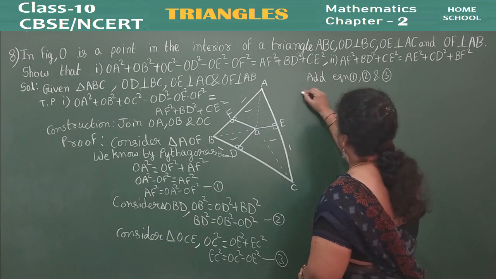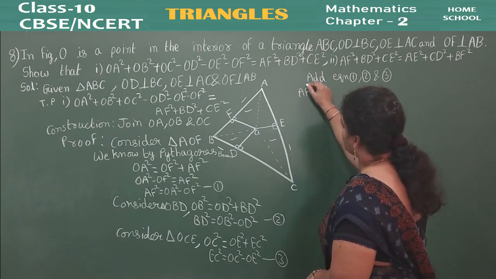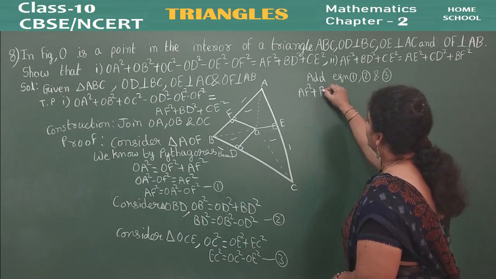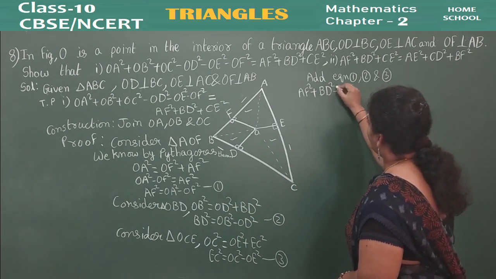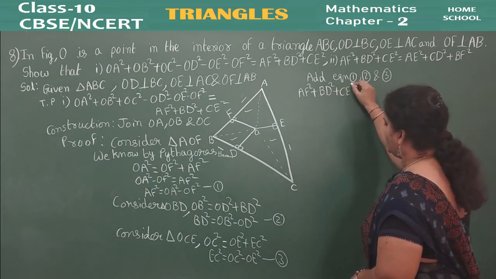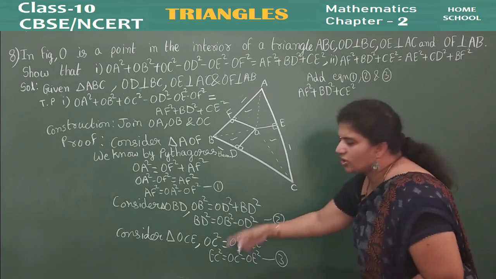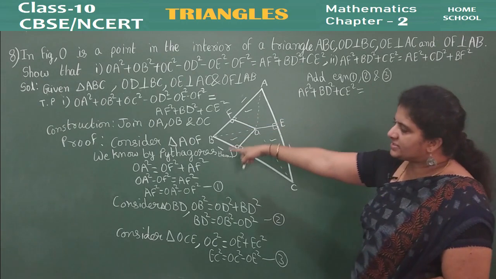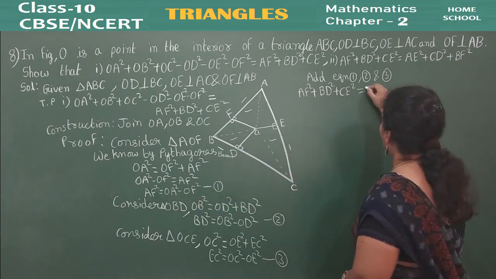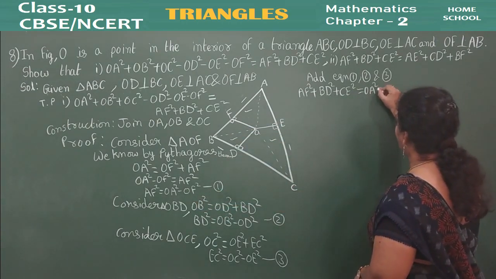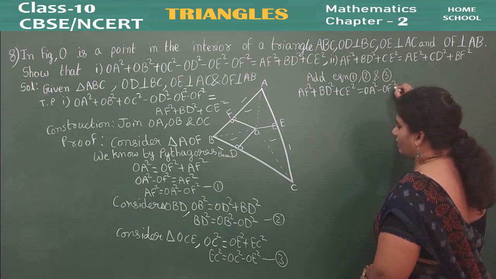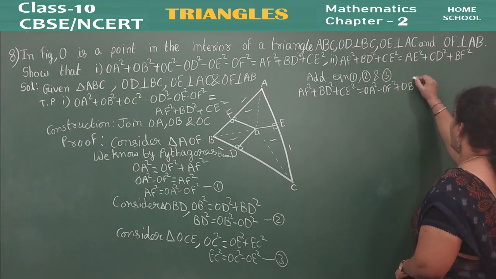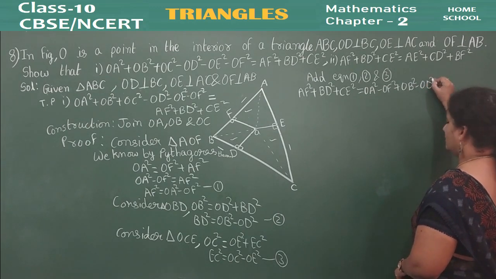Add this one, AF square plus BD square plus CE square. EC or CE, same, children, is equal to. Now RHS side, what do you have? OA square minus OF square plus OB square minus OD square.